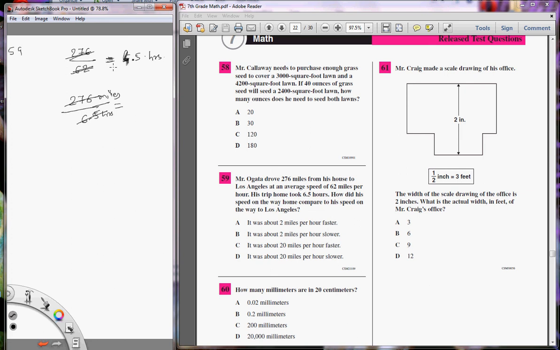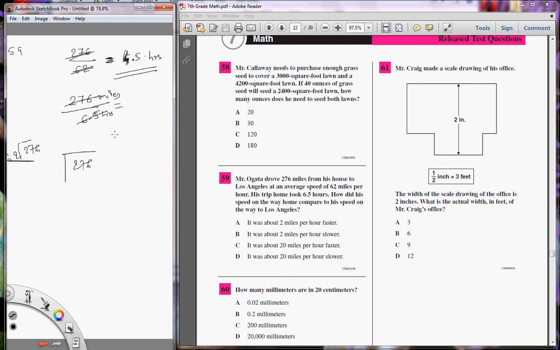So how long does that take? 276 divided by 62 is around 4.45 hours. So that is correct.